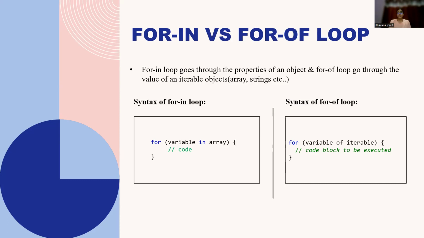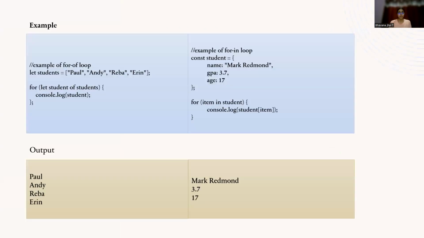Let's see an example, then it's clearer for all. So here is an example of the for of loop, where we have an array of students, and we have to print their names, Paul, Andy, and this is the syntax, and this is how the for of loop gets executed.